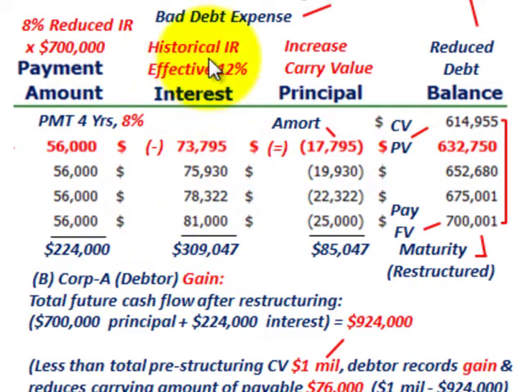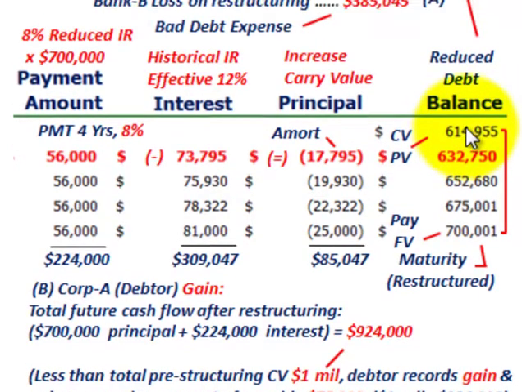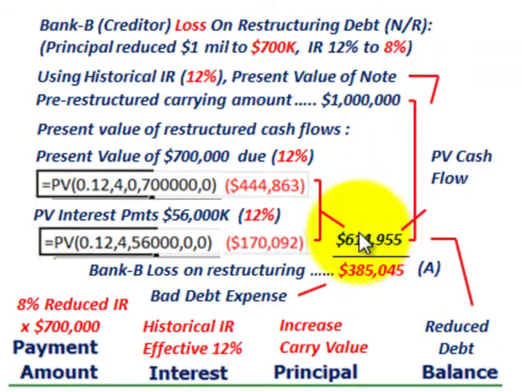Now for our amortization. Our effective interest is going to be based on that 12% historical interest rate. It's been reduced to 8%, but we have to use the 12%. So we take our beginning reduced debt, the beginning carrying value, which is $614,955. Just so you know where that came from, we can go back up: that was the present value of the principal amount plus those payments.